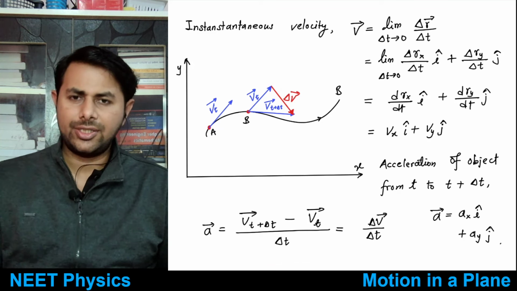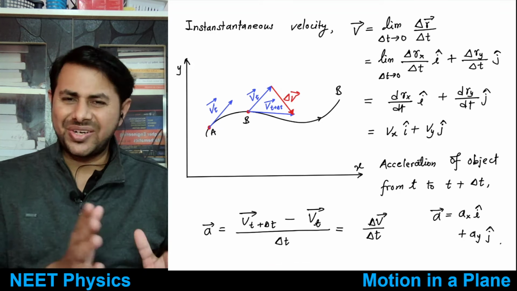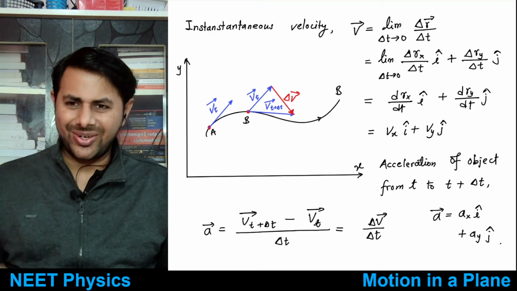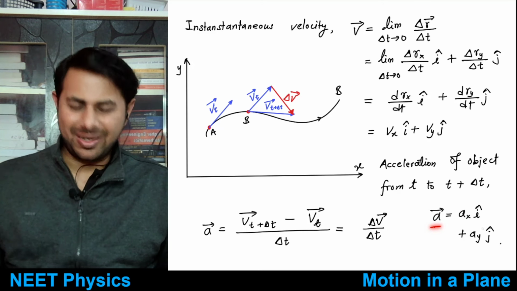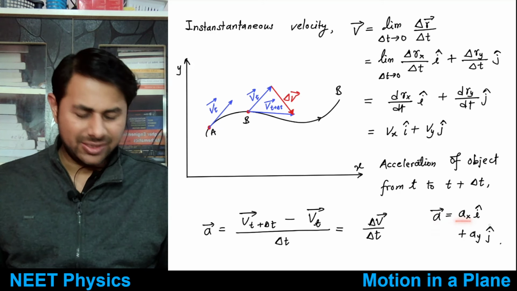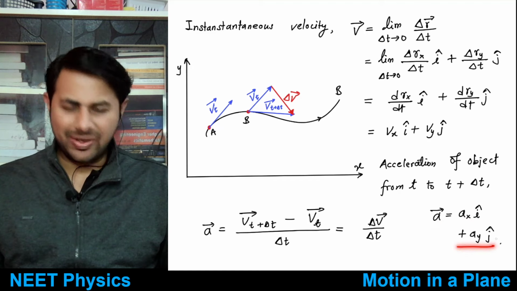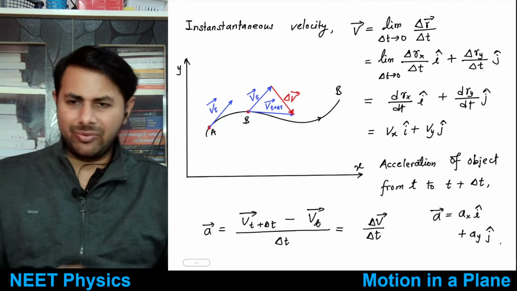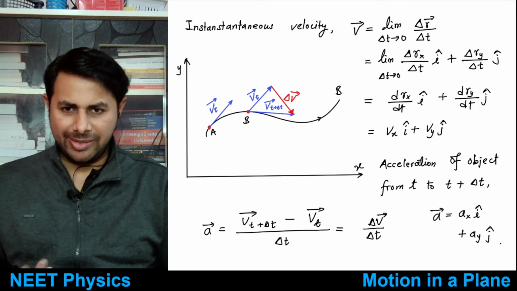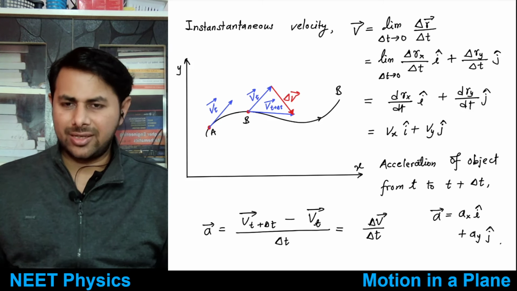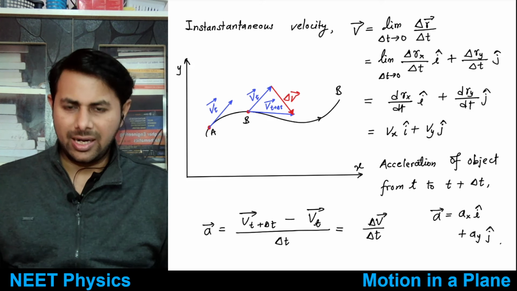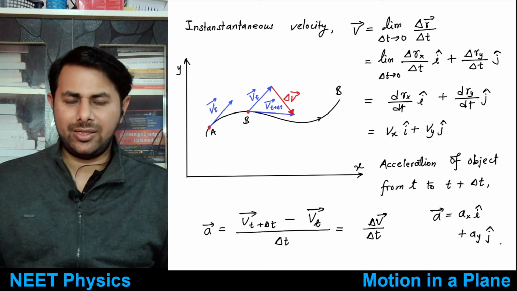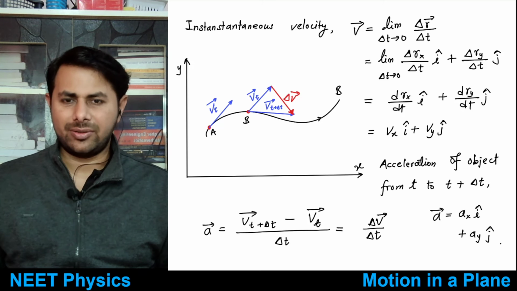Again, this acceleration can also be resolved in two directions, one along the x-axis, one along the y-axis. So a bar can also be written as ax into i cap plus ay into j cap. Everything, the displacement, the velocity, the acceleration, we can resolve in two components, and we can study those two components separately, independently of each other.